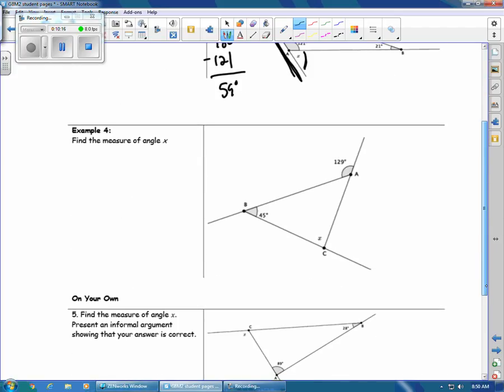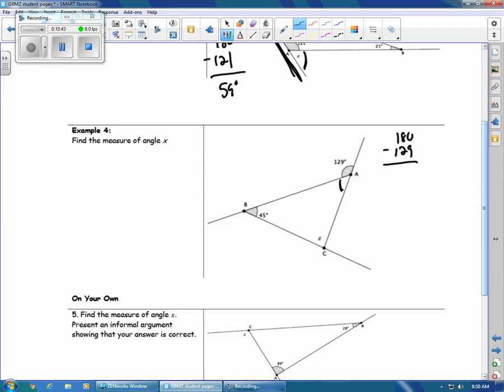Okay. This next one, I can attack in two different ways. I can figure out this angle, and then I can take 180 minus 129, and you don't have to write this down yet until you decide if this is the way you want to do it.